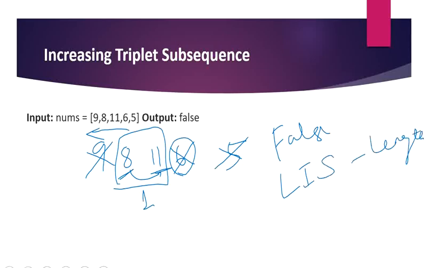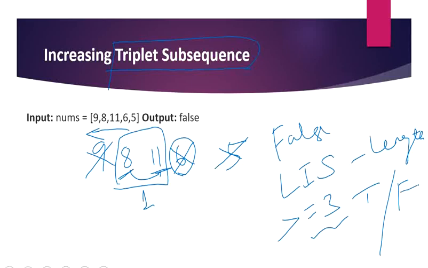Here we are going to find a longest subsequence whose length is greater than or equal to 3, because it is asking for a triplet sequence. If there exists a sequence of size 3 or more, then it satisfies the condition given in the problem. So if the length is greater than or equal to 3, then it is true, otherwise it is false.